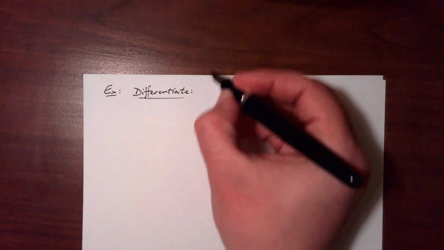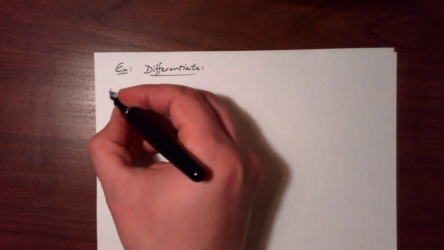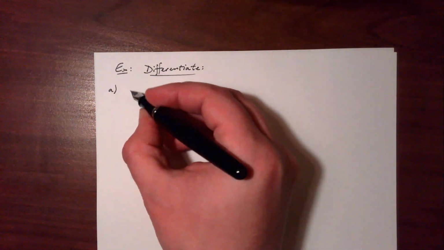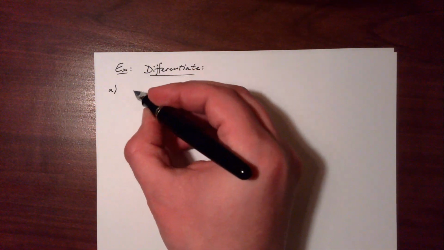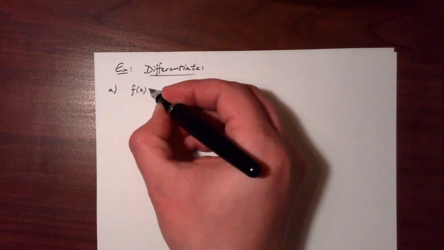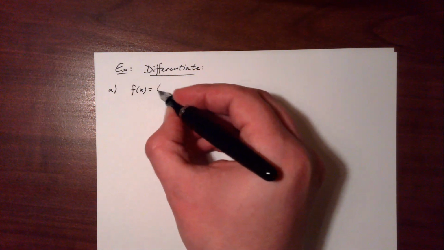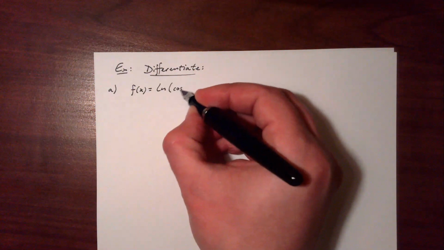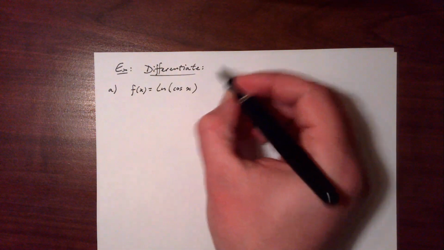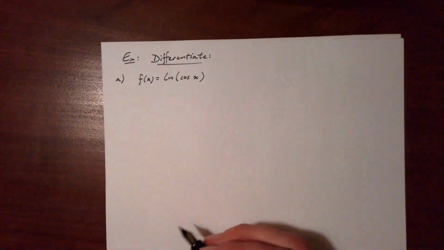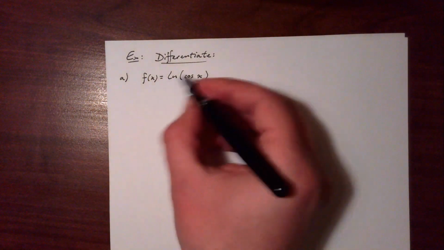So differentiate the following. Alright, first one, we'll just go with a nice little chain rule here. Just say f of x equals ln cosine x. Alright, so to take the derivative of this, we will just use the chain rule.